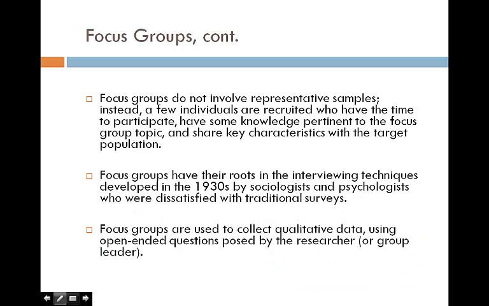Focus groups do not involve representative samples. Instead, a few individuals are recruited who have the time to participate, have some knowledge pertinent to the focus group topic, and share key characteristics of the target population.